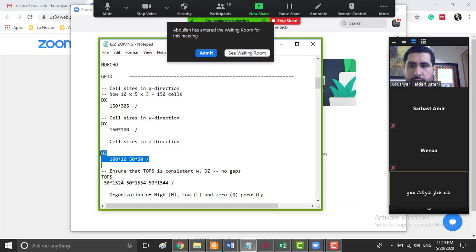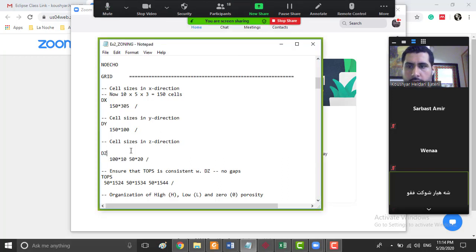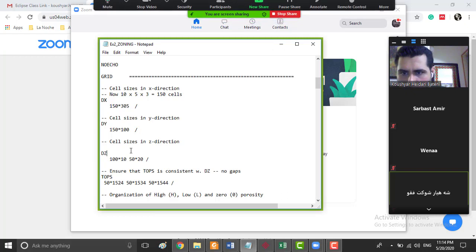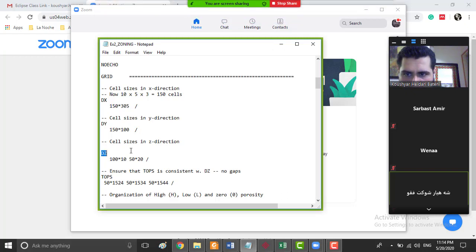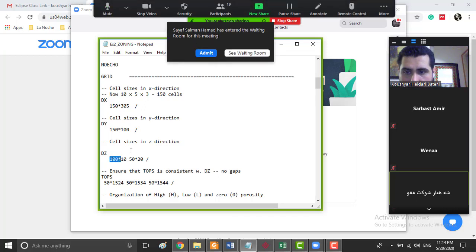Now, the question that we are asking here is, after each keyword like DZ, we need to input some pieces of data for all the cells that we have. But first we need to enter the data for the first cell, then for the second cell, and we have to continue on till we reach the last cell.